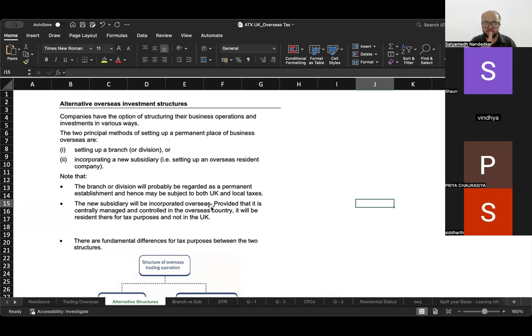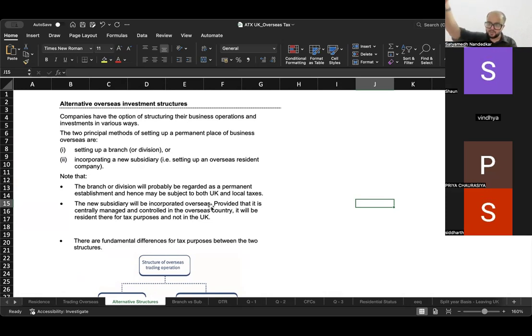See, there is one more advantage of setting up a subsidiary. If you set up a subsidiary in a foreign country, that subsidiary earns a profit, and the profits of that subsidiary can be transferred to the holding company by way of a dividend, because you know that dividend is exempt in the hands of companies. Dividend is a taxable income in the hands of individuals, but dividend is an exempt income in the hands of companies.